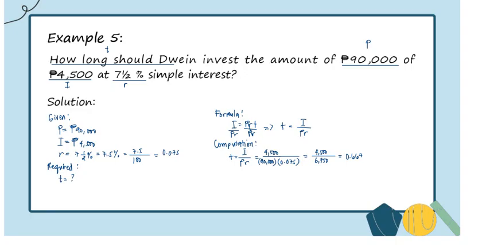But again, 0.667 in this would be in years. 0.667 years. But we can also express this in months. So, kung i-express natin in months, what we are going to do is, kanina, diba, we tried to multiply it with the conversion formula. Yung goal natin before is to express it in years.